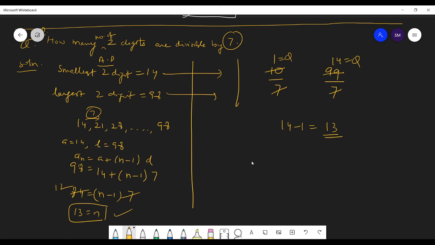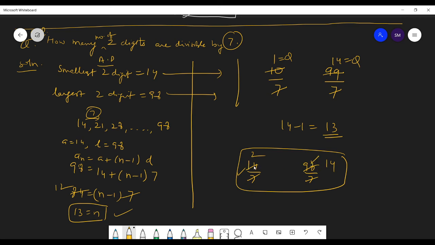So here also, what you have done is, if you divide 14 by 7 and 98 by 7, what do you get? 2, and here you get 14, but 1 seven you have already taken. So you will get 12 from here, because you are not counting 98 when you are subtracting.